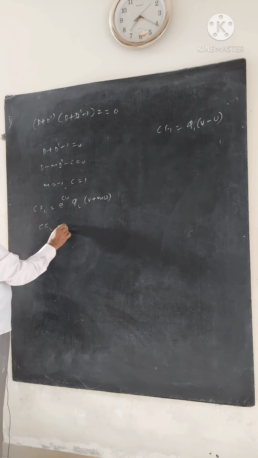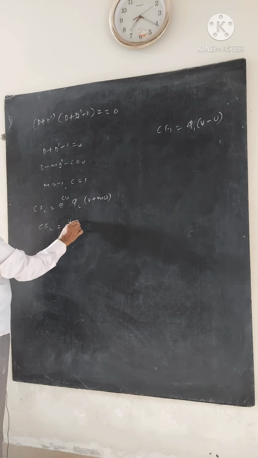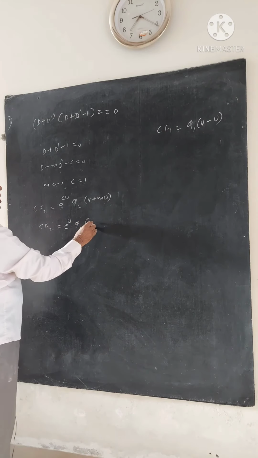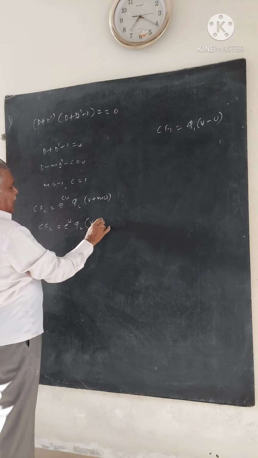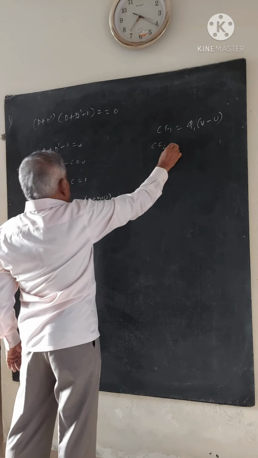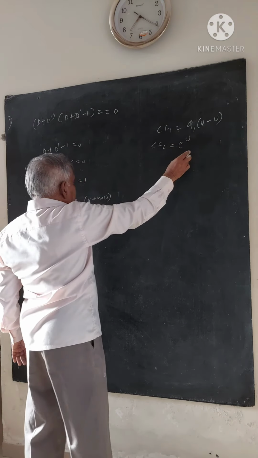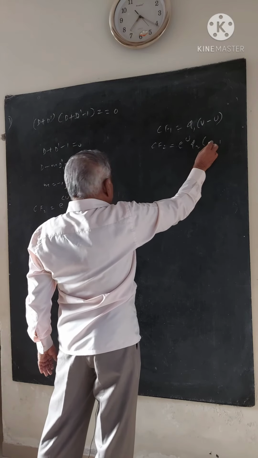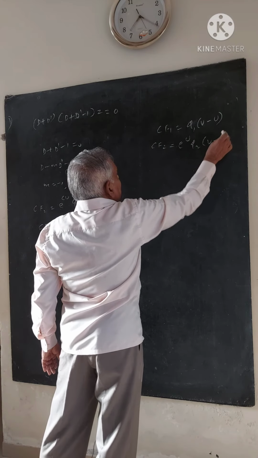CF2 equal to e^(cu) φ2(v + mu), which is e^u φ2(v − u).